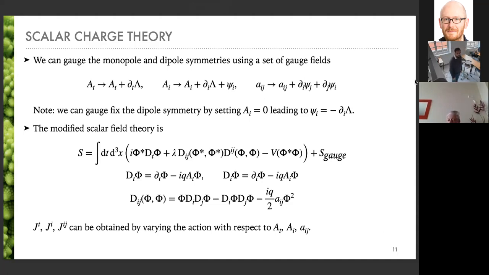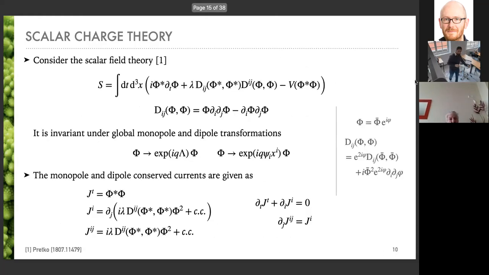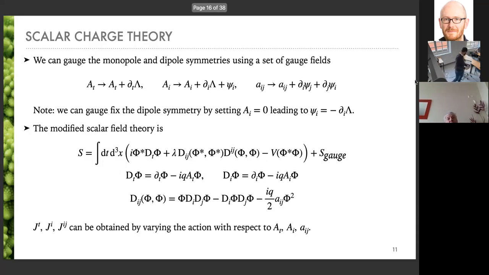Can you go back? If lambda is local in space, why doesn't it include the psi_i, xi? Oh no, I'm saying that at this level, of course, this is a global symmetry. Now I'm trying to gauge this. But the question is, once you make it local, how do you distinguish lambda from the other one? Oh yes, so you won't. Then the dipole transformation will really only act through this gauge field.